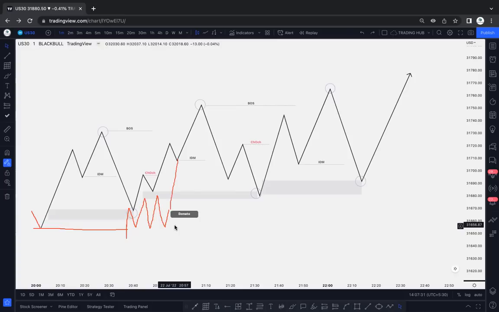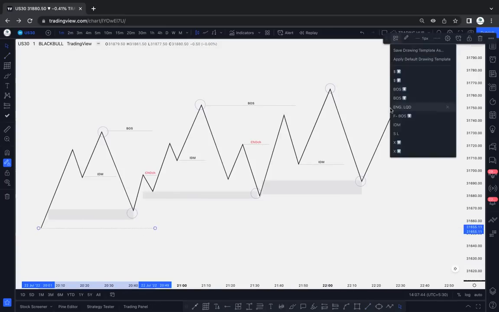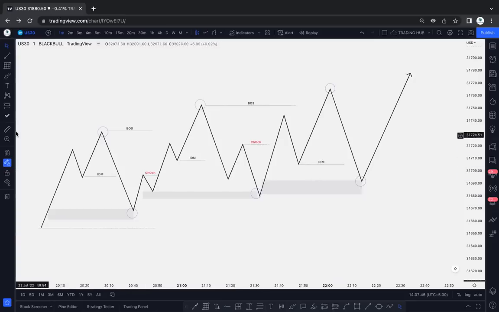Is this invalid or also valid? If market close above it, means market just sweep the liquidity, previous low, which is here. And market sweep the previous liquidity, then this become our valid.